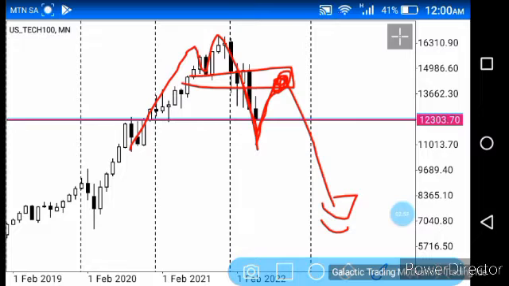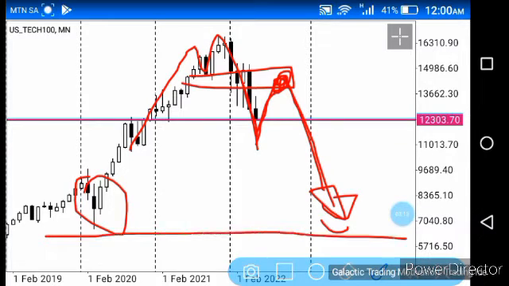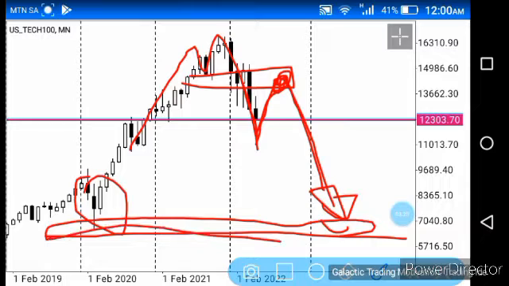Should price come back to this level, we may start looking for possible selling opportunities as well, especially because we have this candlestick over here, which is a bearish candlestick with a small body and a long lower wick. So what this tells us is that at this level we have liquidity sitting there, and at one point or another the market has to come back to this level to grab some of that liquidity before actually going up. So that may happen, or it may happen years from now.